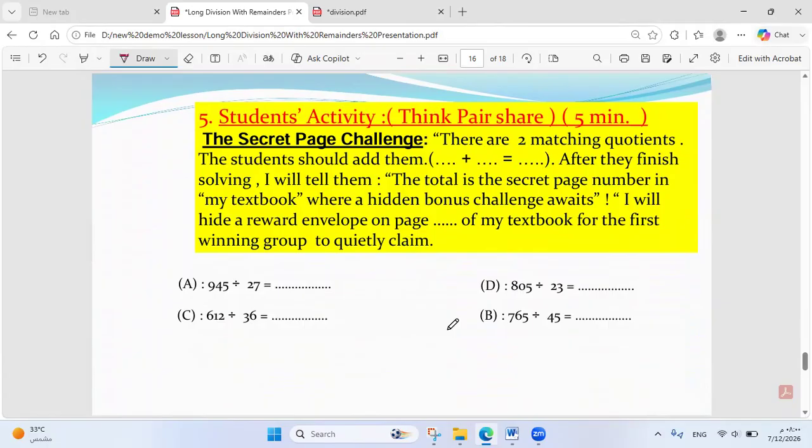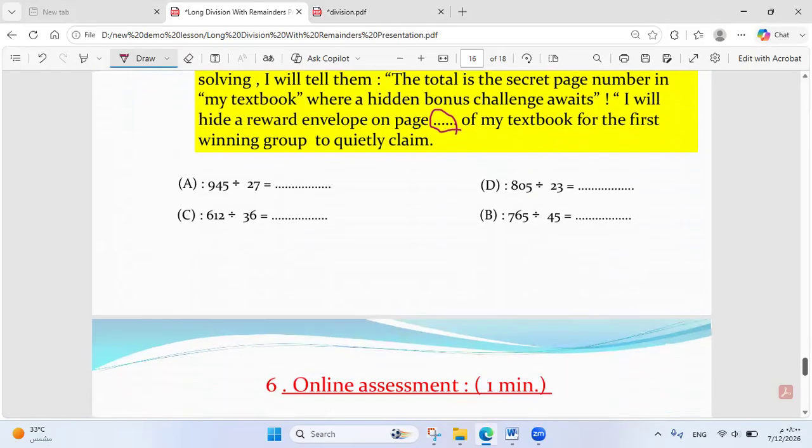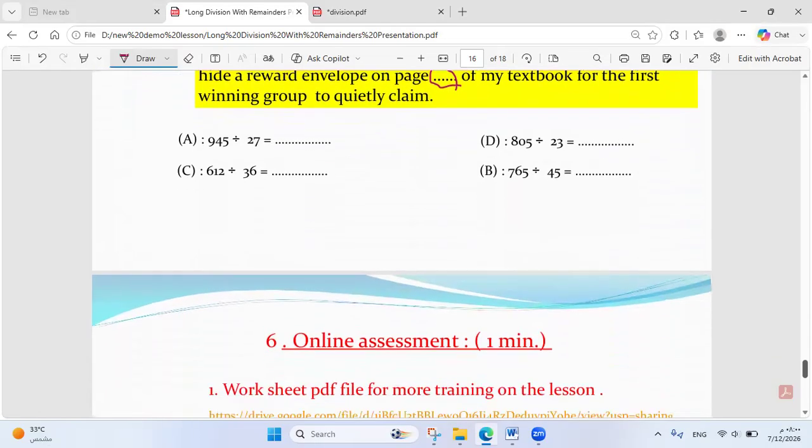The total is the secret page number in my textbook, where a hidden bonus challenge awaits you all. I will hide the reward envelope on a page of my textbook for the first winning group to quietly claim. Okay, let's do this game.